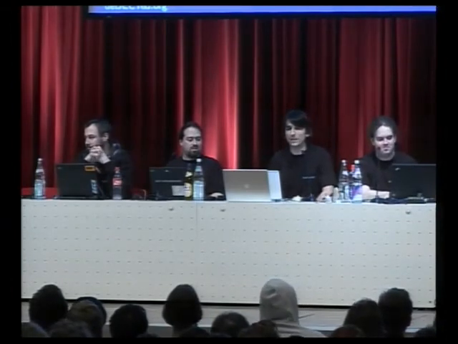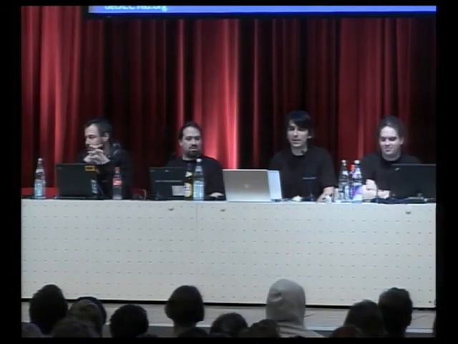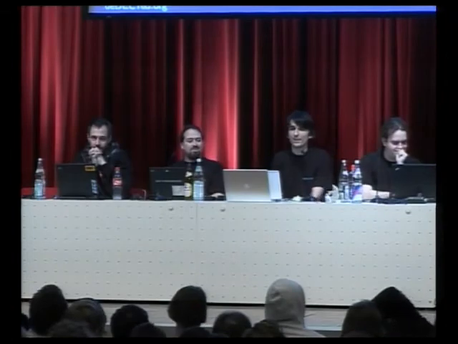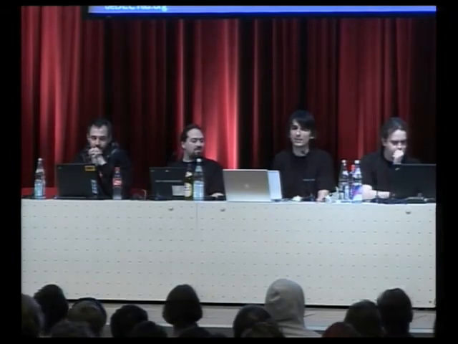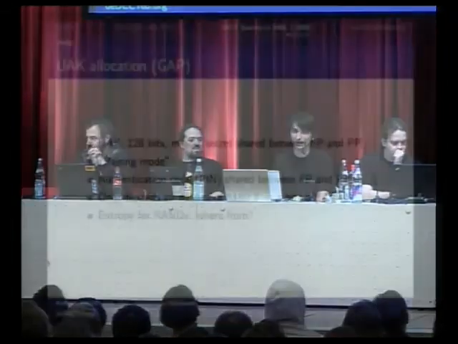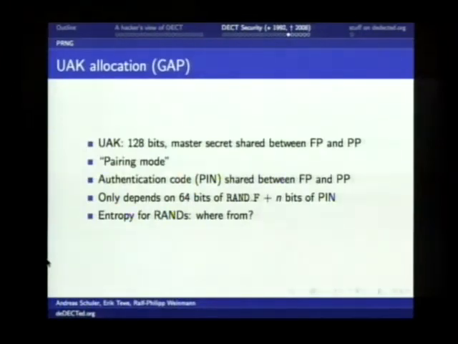Now, I'll come to something different, which is a practical way to attack DECT and get your hand in the cookie jar very deep. There's something called UAK allocation in the DECT standard documents, and this is basically the pairing mode, where you first bring together the handset and the base station for the first time or for the second time or whatever.